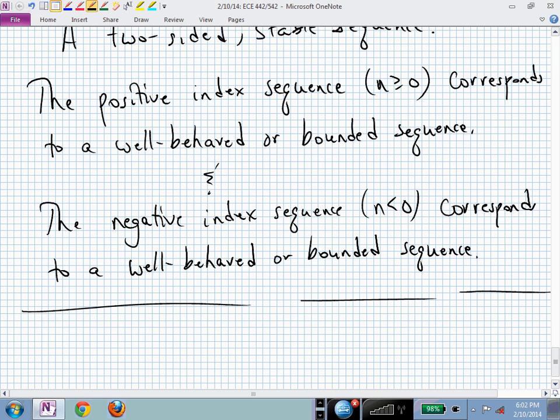Meaning, even though we have a two-sided waveform in the time domain, it could be corresponding to a bounded behavior.